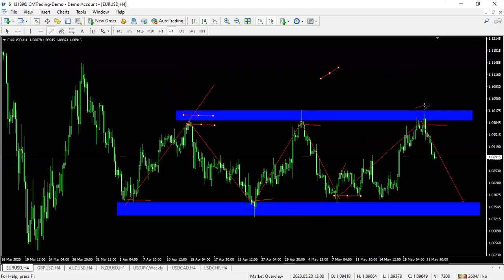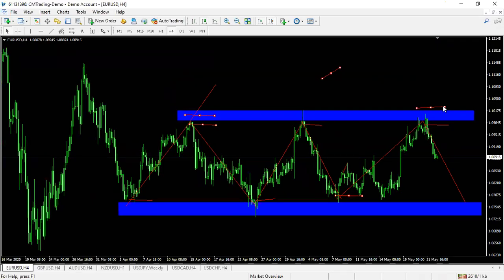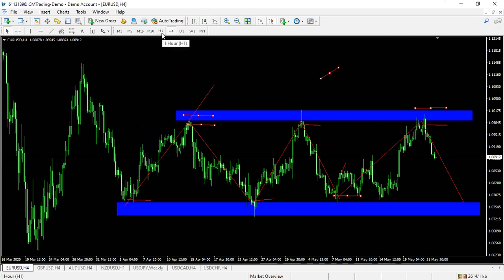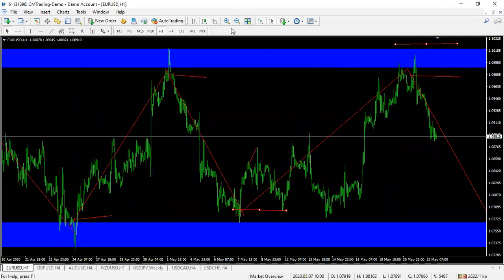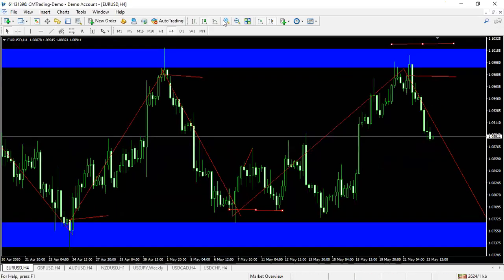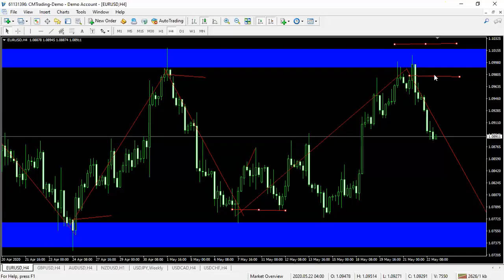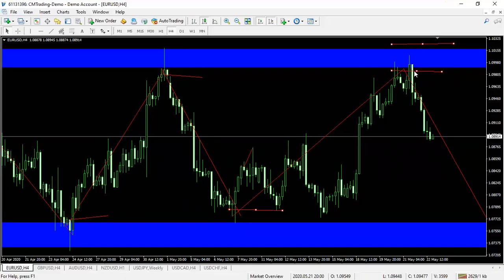So in this case, if we had entered a sell, we would put a stop loss above it. It's more technical than this, but what you need to understand is your stop loss should be above your supply and demand zone. So you can see if we entered the market here, which we did, immediately the price bounced from that trend line, and then the market pulled back inside the supply and demand zone.